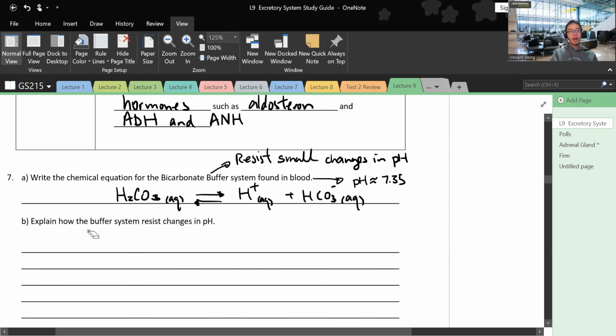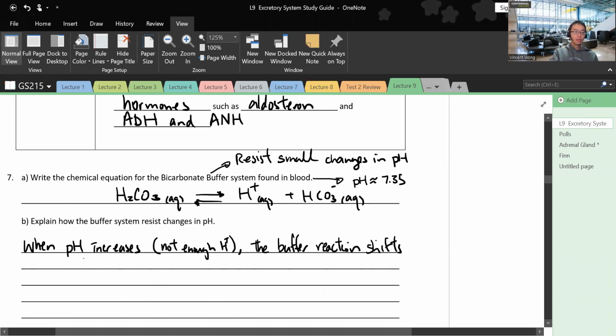Explain how the buffer system resists changes in pH. There are two scenarios. First, when pH increases. When the pH is basic, in other words, that means you do not have enough H+. What happens if you don't have enough H+? The buffer reaction shifts. Which direction does it go?